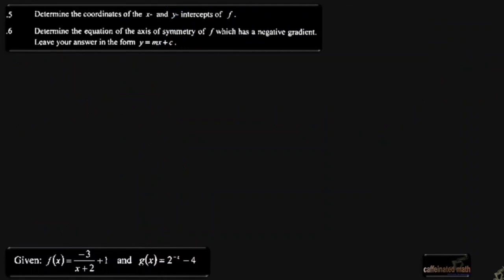Okay, determine the x and y intercepts of f. If we have a look at that, for our x intercepts, of course, again we'll place y equal to 0, and then we'll have minus 3 over x plus 2, plus 1 equals 0, which means we just have minus 3 over x plus 2 equal to negative 1.